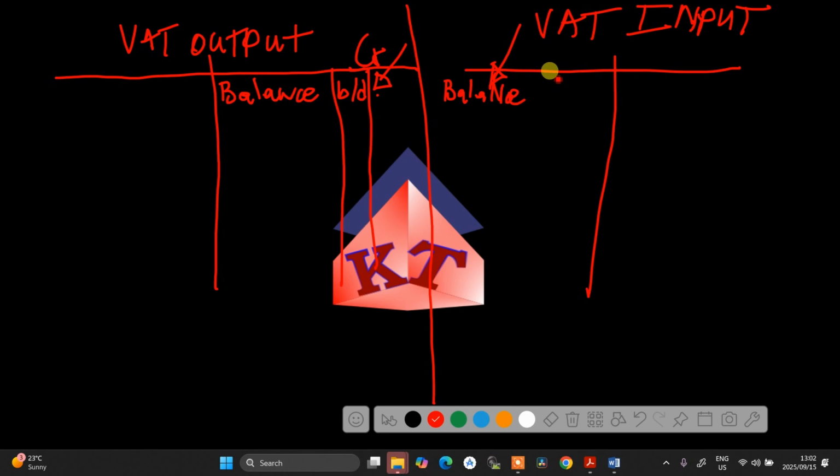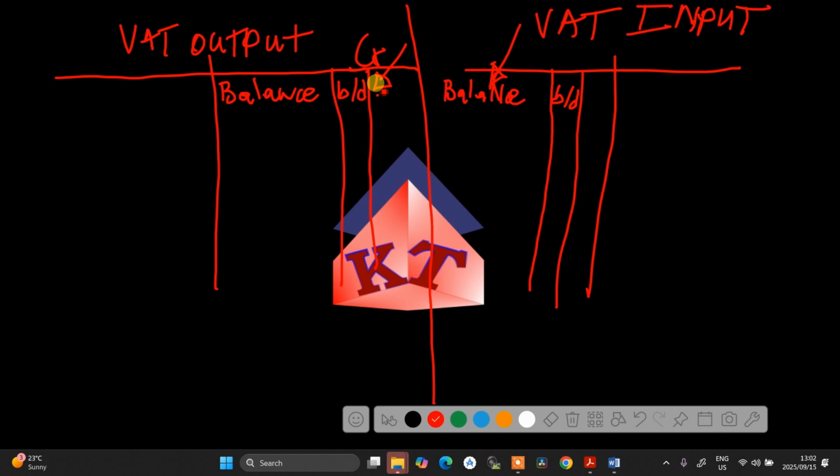And in terms of the subsidiary journal, where this information is taken from, here you're going to have balance brought down. Okay, so this is normally going to be your starting point in terms of your VAT Output and your VAT Input Account.